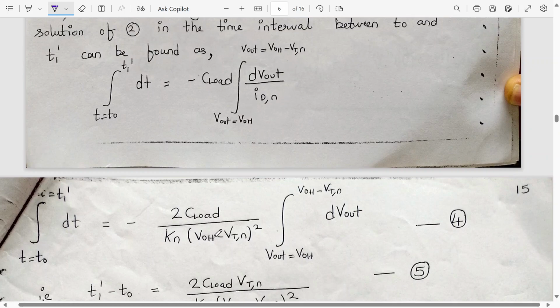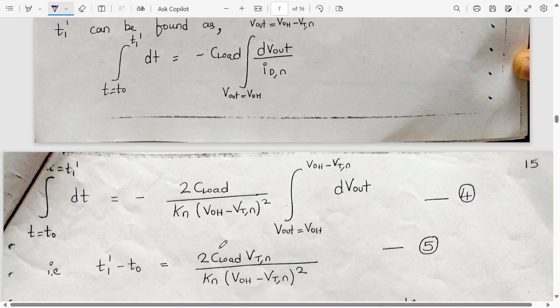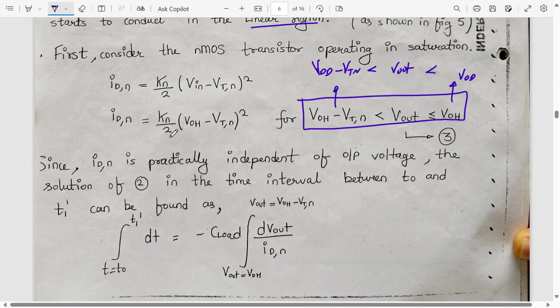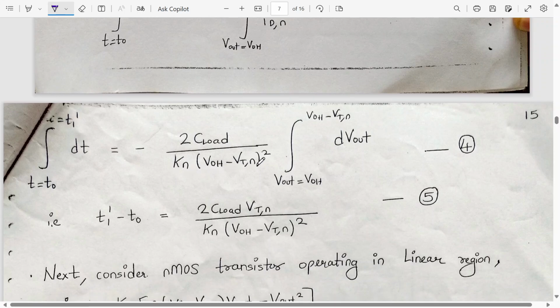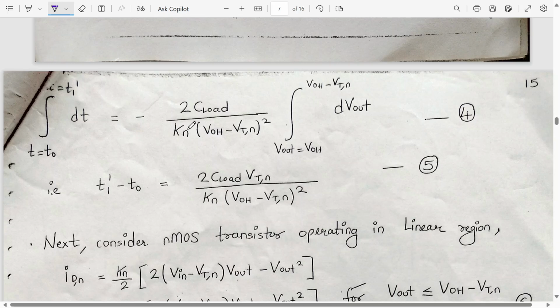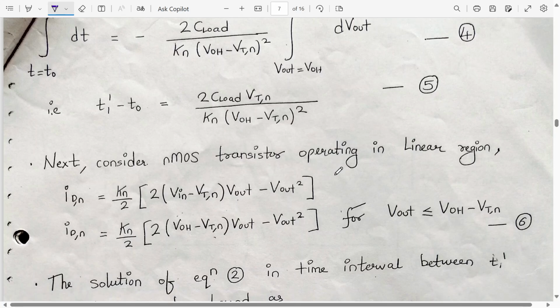IDN is Kn by 2 times (VOH minus VTN) squared, because Vin is VOH in this case. The half goes up, so this becomes 2 C load. If we open the integrals, T1 dash minus T naught is equal to twice C load VTN upon Kn times (VOH minus VTN) squared. So you understood equation number 5?